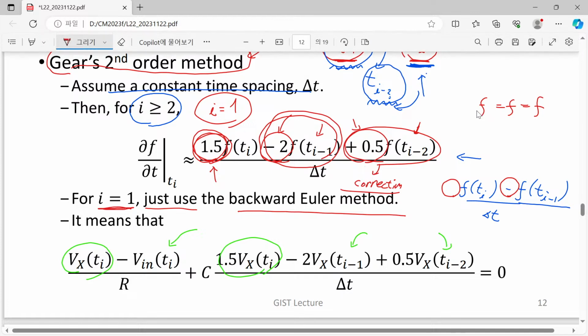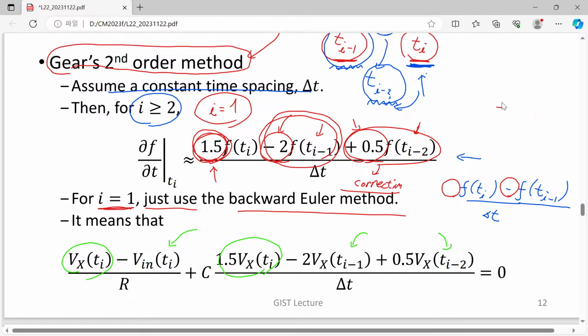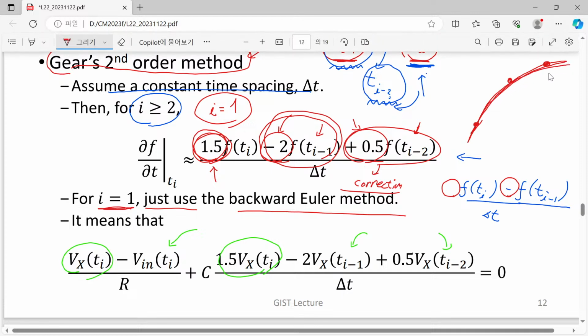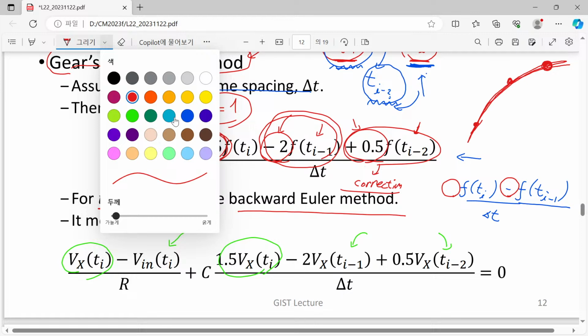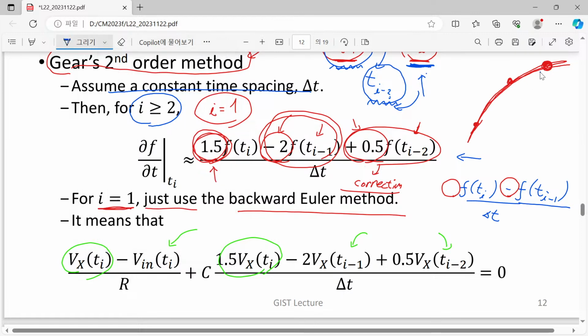So let's consider a parabola. If we have such a parabolic waveform and want to calculate the derivative, then usually what we can do is just consider the difference and assign it here.